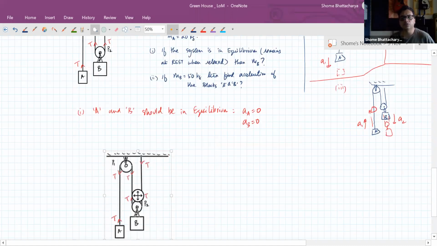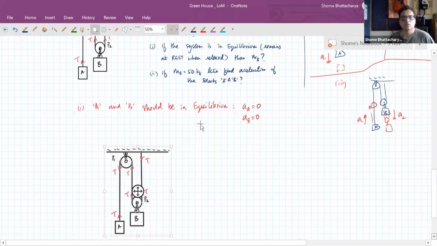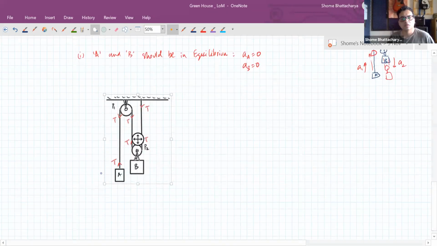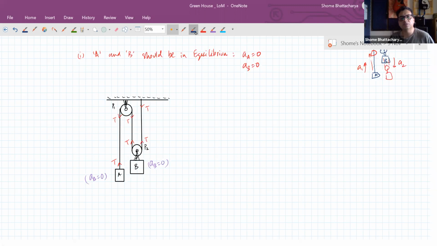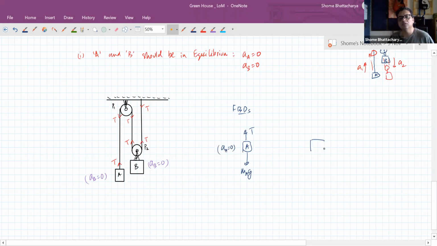On both of them, the net force should be 0. So we want this situation, this one's acceleration also has to be 0. This one's acceleration also has to be 0. So that means when we make the free body diagrams for A, we should have this, and for B, what is happening is there is a massless pulley attached to it. So that doesn't contribute anything. But on the pulley, there are two tensions acting.